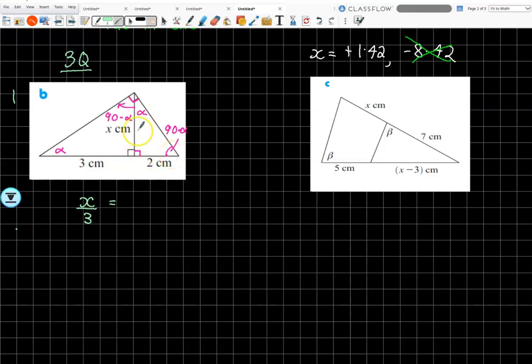If you said it was x again, you're going to be stuck. Right? So over 2 and 3, 90 minus alpha here is x. So we cross multiply, we get x squared equals 6, and therefore x is root 6. We don't even entertain the possibility of a negative value there.